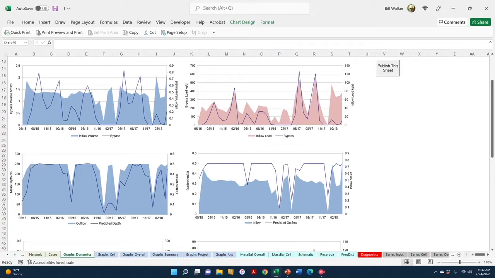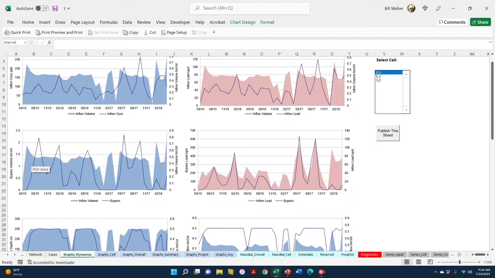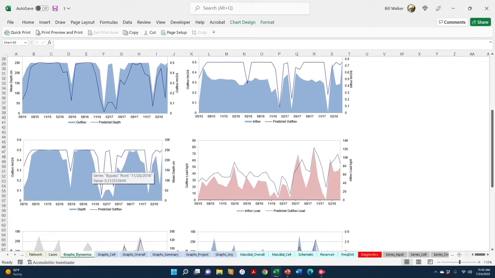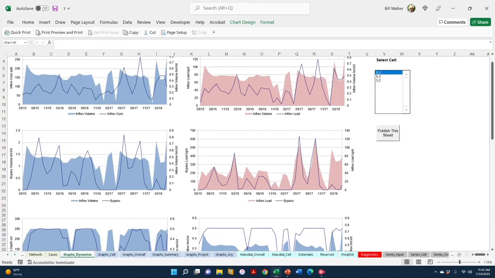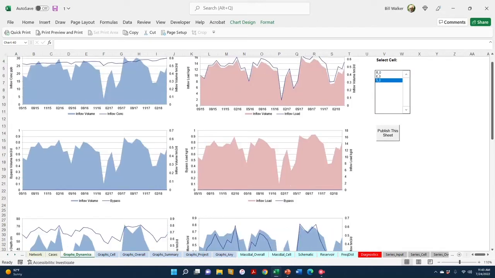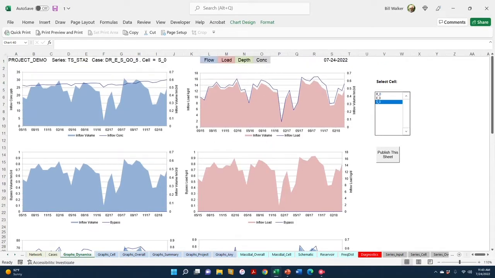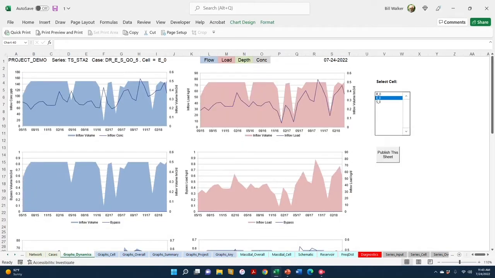So you can see that the outflow when the reservoir is constrained is capped here at 0.5. That's the constraint that we set in the input file. And this one did not generate any bypass. So if we look at the outflow concentration and other parameters, let's go for the emergent.